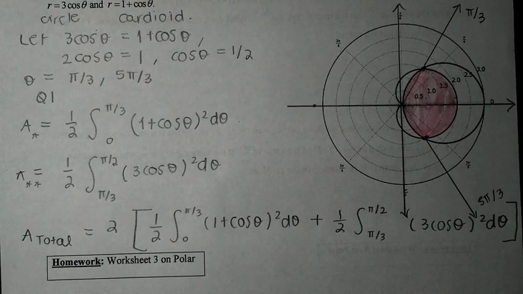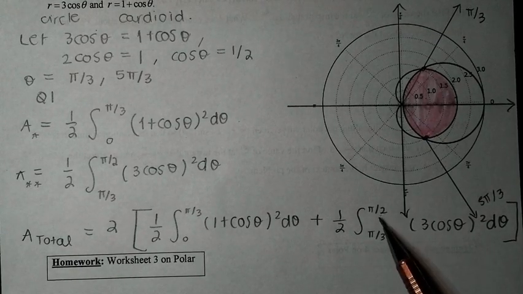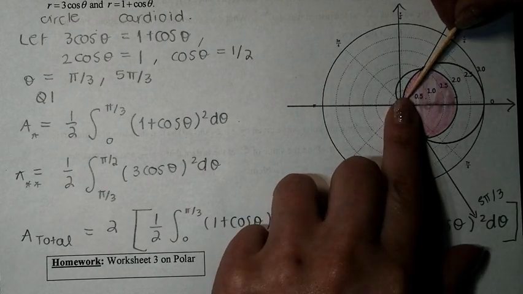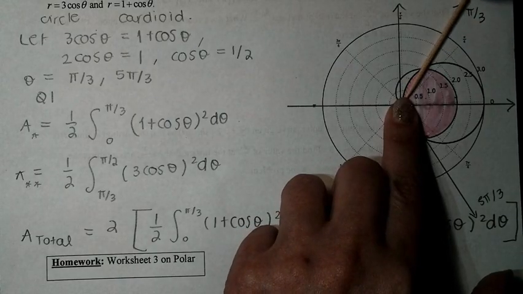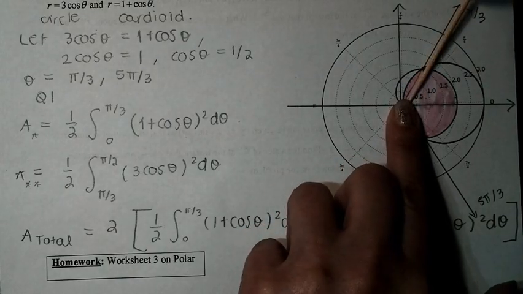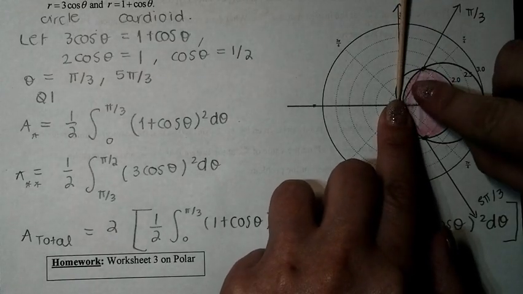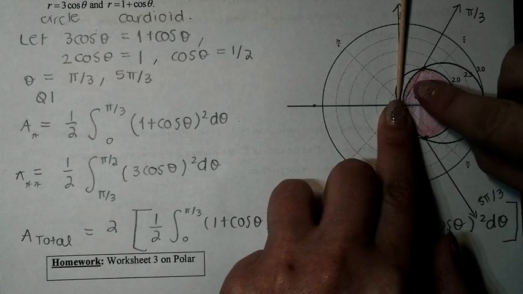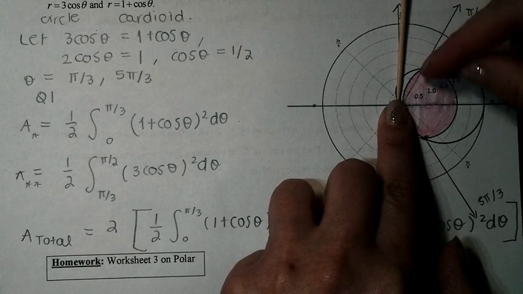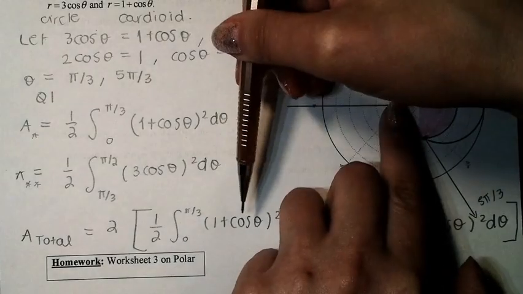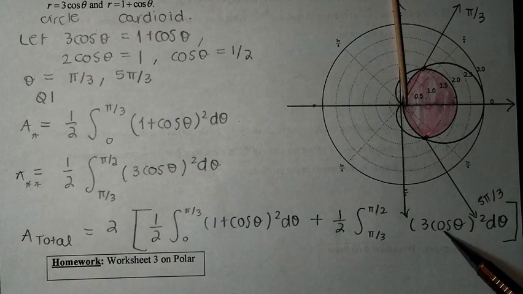Do you see it? You're going to tell me how in the world you find the pi over 2. Visually, the windshield wiper starts there, because that's where we stop, and it ends up here. You are covering this pink area, and the way that you tell the windshield wiper to stop in the circle and not continue with the cardioid is by putting the circle as your integrand.